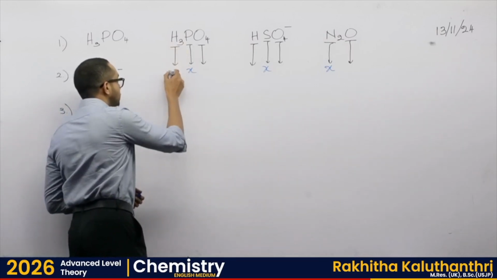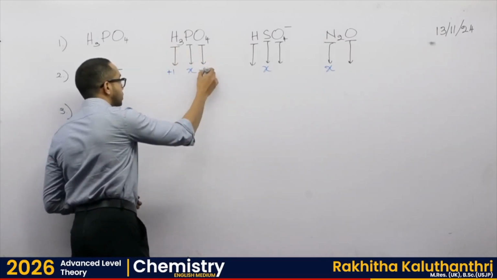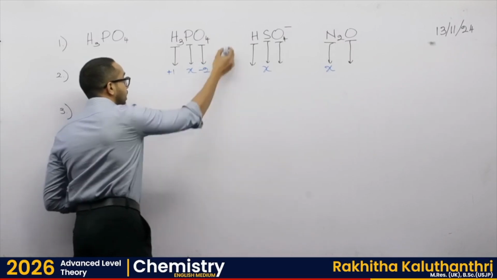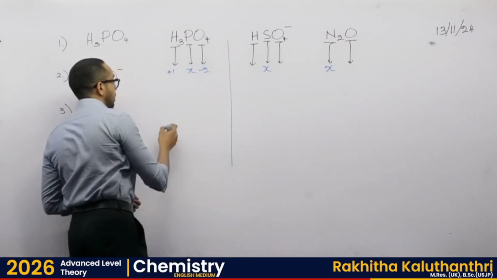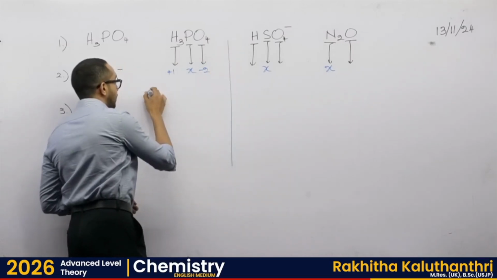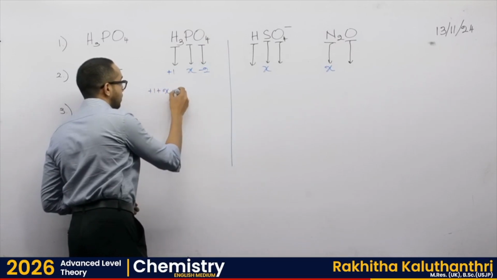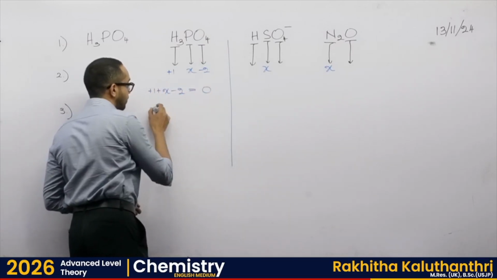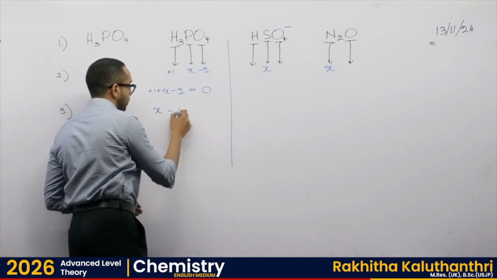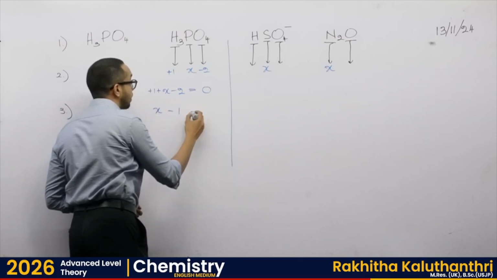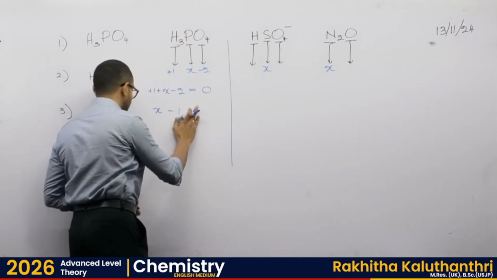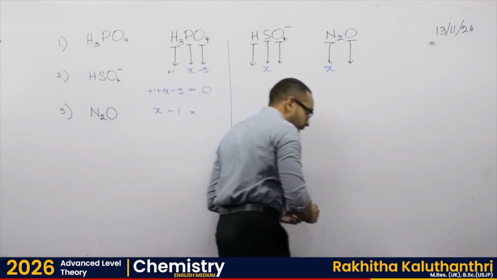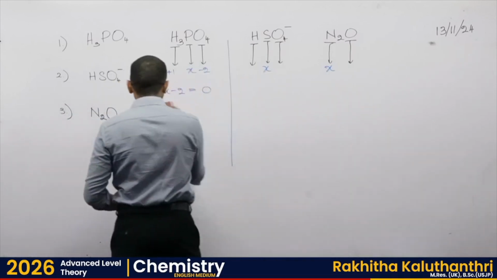Hydrogens are +1. Oxygens are -2, and then if you write the equation here, +1 plus x minus 2 is equal to 0. Sorry students, bear with me, I just completely didn't write the number of atoms of each of these.